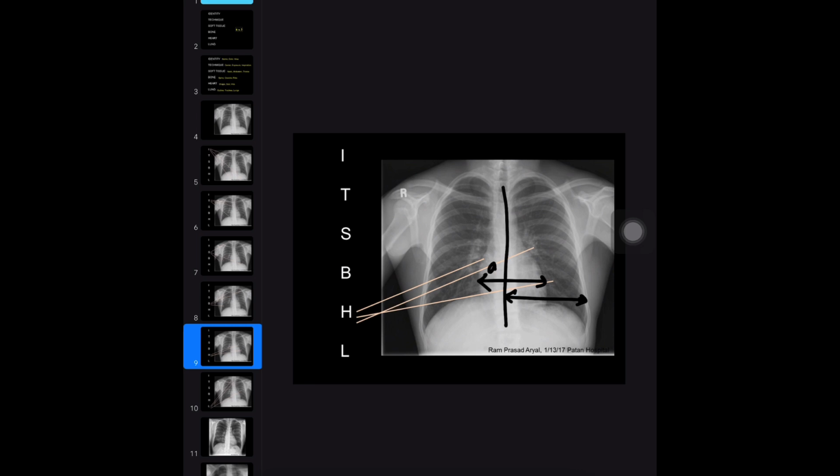So if we call this A, this B, this C, and this D, then A plus B should always be lesser than C, okay.